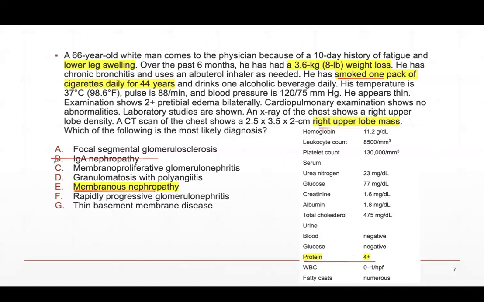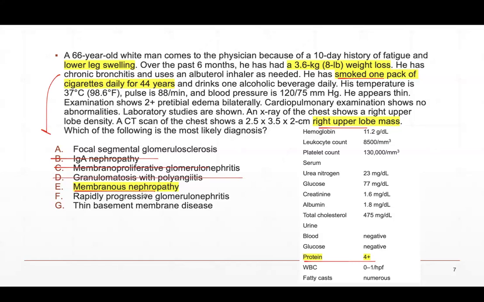The typical picture isn't there, so we'll remove this one. Granulomatosis with polyangiitis, usually they're going to tell you, for example, C-ANCA is high, and that this patient is coughing, or short of breath and wheezing. This picture is very similar, but it's not the answer here.